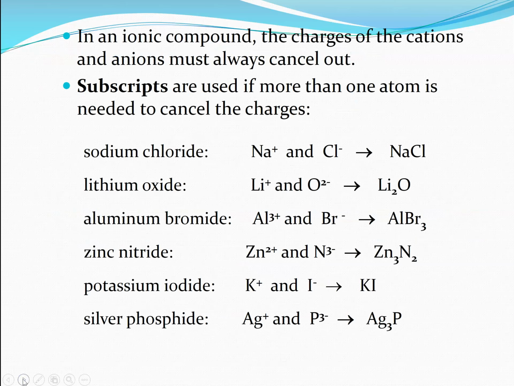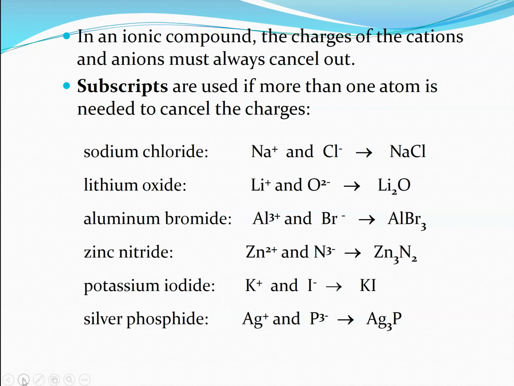In an ionic compound, the charges of the cations and anions must always cancel out. Subscripts are used if more than one atom is needed to cancel out the charges. For example, sodium chloride. Sodium has a plus, chlorine has a negative, so they each have just a +1 and a -1. Those cancel out, and you have sodium chloride, NaCl.